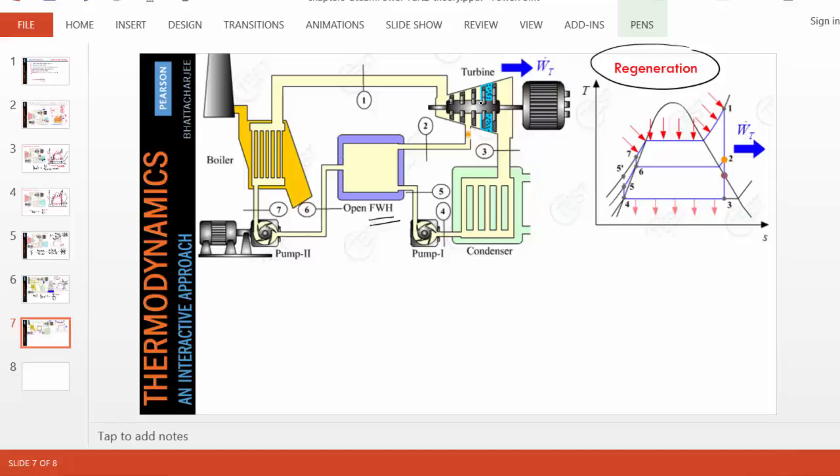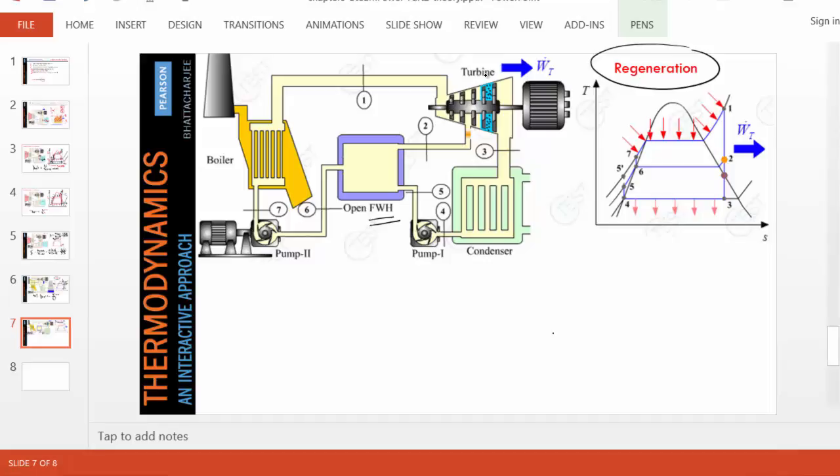Well, if you fall back on the Carnot analogy, you will notice what happens. In the original cycle, heat would have been added from state 5' to 1, but because of the feed water heater, the water that is going to the boiler is now preheated by some little steam extracted from the turbine.